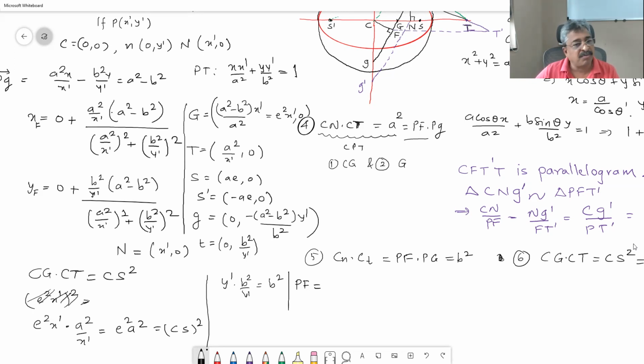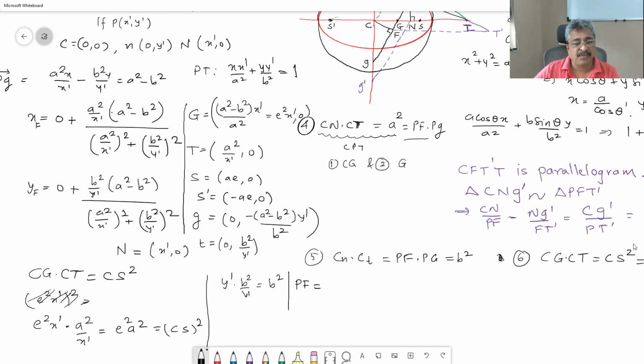Okay. So PF, can I write PF? The x coordinate should be, and PG, is that going to eventually reduce to small v square? Is it the x coordinate of F and y coordinate of F, correct? Then let us do it.